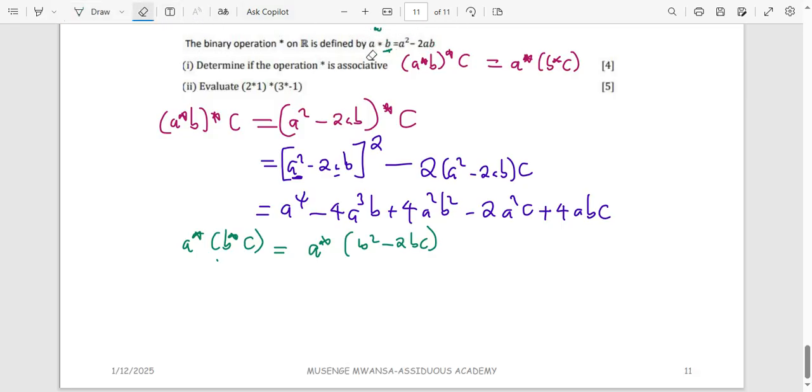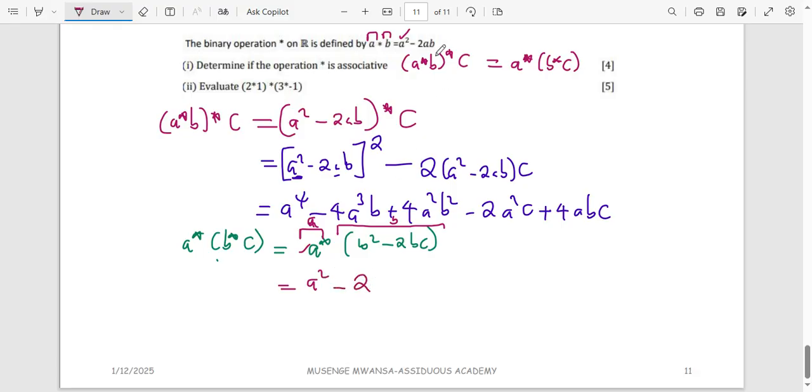Now that we have found this term, this first part is going to be our first part here, that is our A. This second part after the star will be the second part here, that is our B. So you can see the A hasn't changed. Where there is A, we are still putting A, but remember it's A squared.